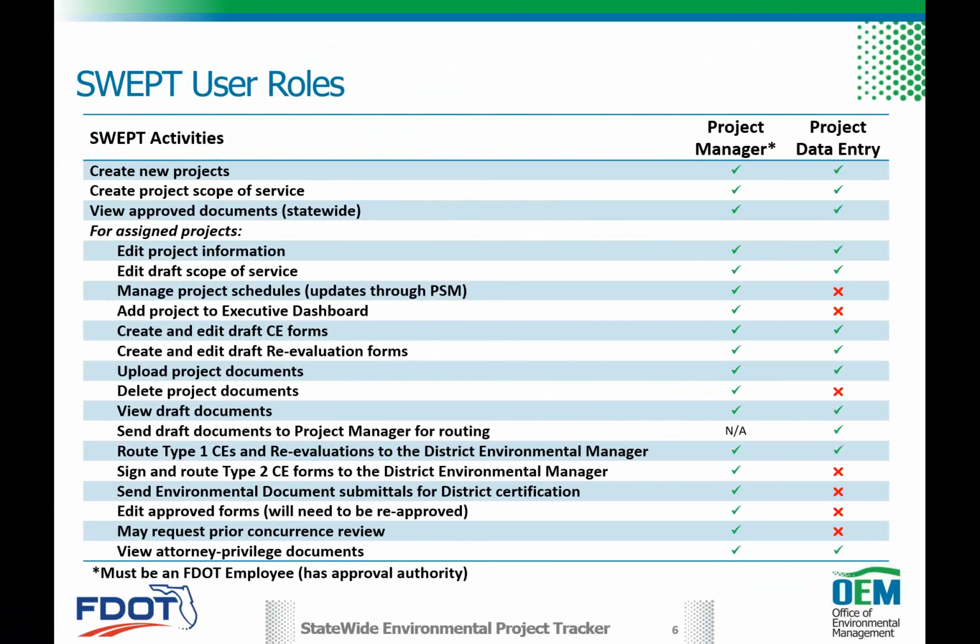The electronic approval process has to flow up through the project manager, up through the district environmental manager and project development manager, and then ultimately to OEM, where that project delivery coordinator will verify things and then continue to move it on through the approval process, through legal if needed, and or environmental process administrators, until ultimately a recommendation is made to the Director of the Office of Environmental Management for approval.